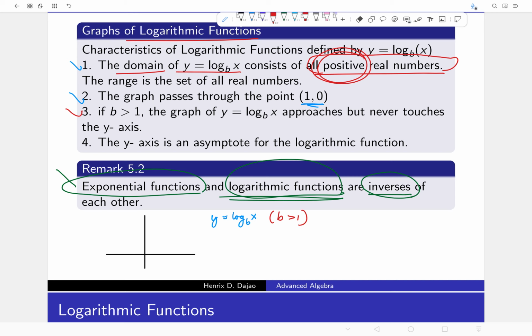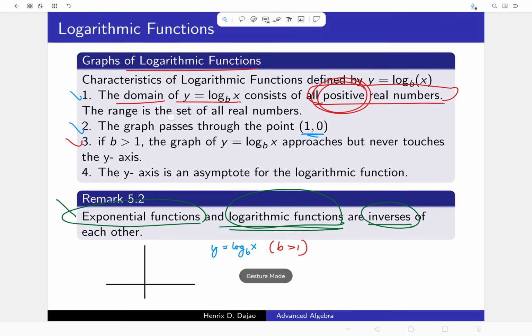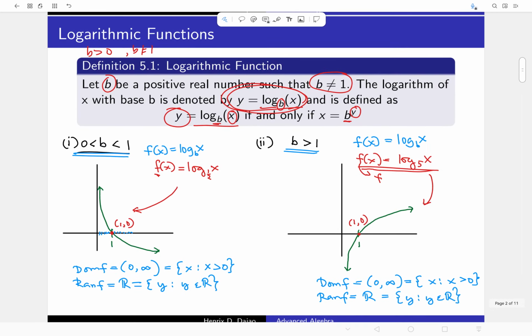Okay, so remember the definition, they are just equivalent.